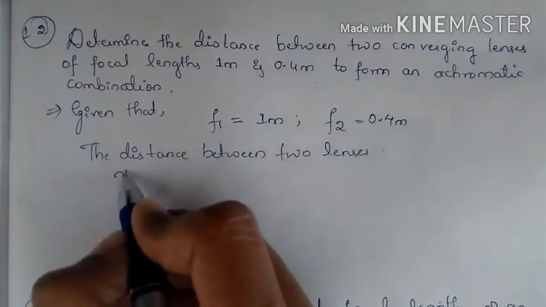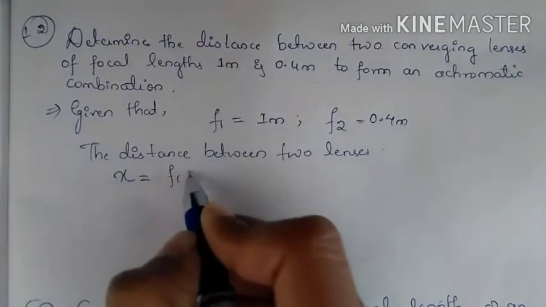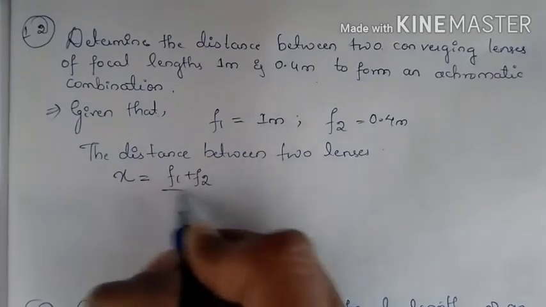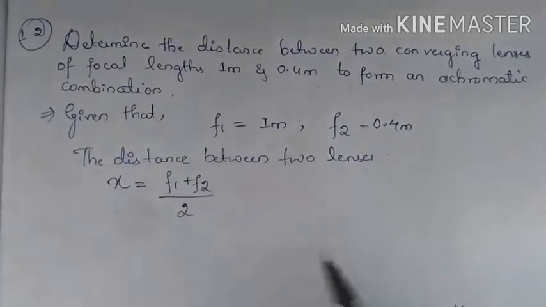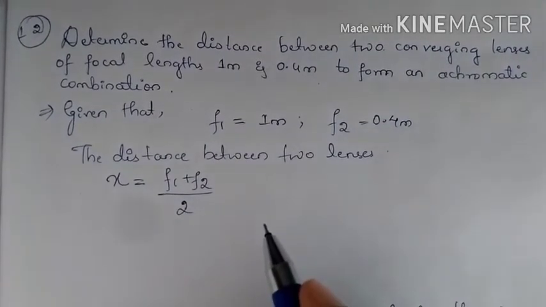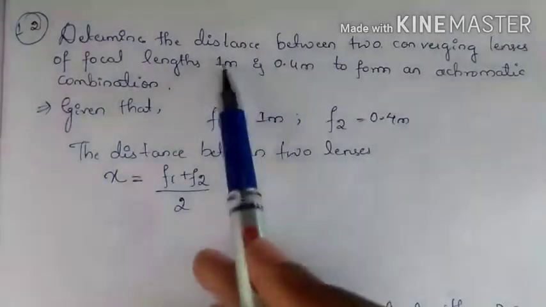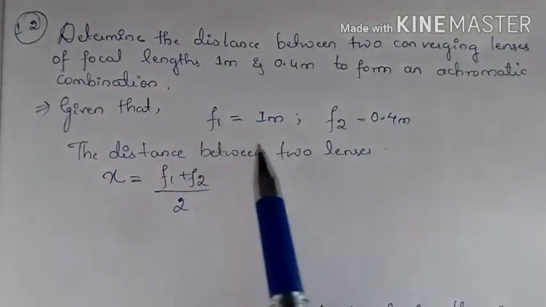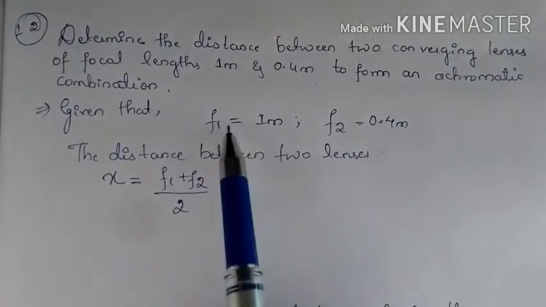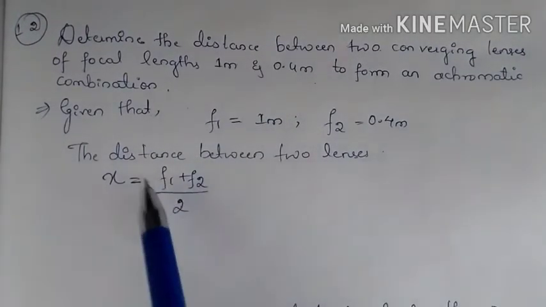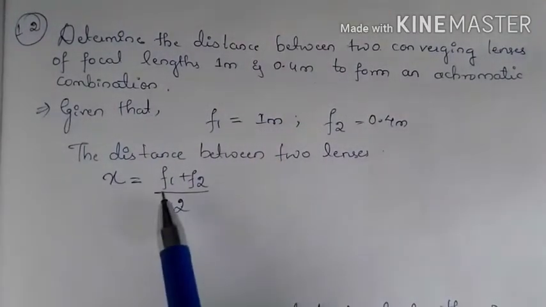We know x is equal to (f1 plus f2) by 2. This we learnt in our earlier section also, and we have solved a problem similar to this question in our previous lecture. So this is an easy problem.